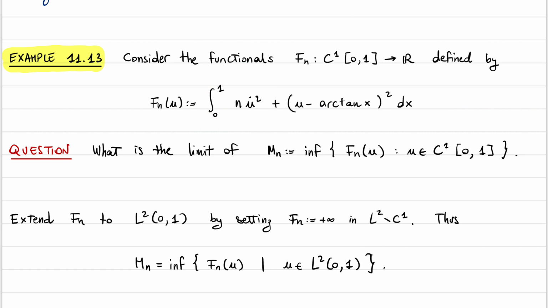And now imagine you're just sending n to plus infinity, and the reasonable thing for the gamma limit to do is not to minimize the energy, but to capture the asymptotic behavior of minimizers.